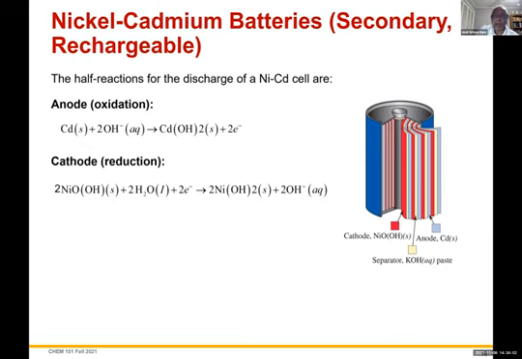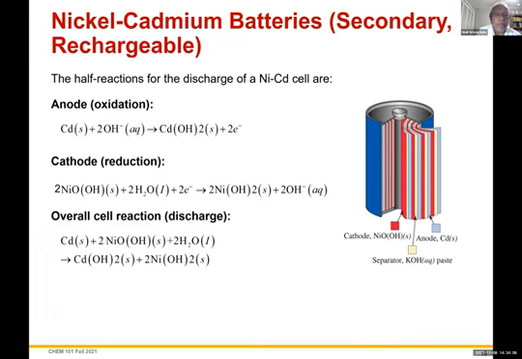When you add up these half reactions, you get cadmium plus 2 nickel oxide hydroxide, solid, plus 2 water molecules, going to cadmium hydroxide and nickel hydroxide.